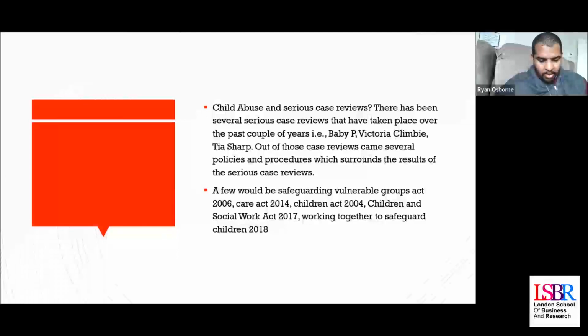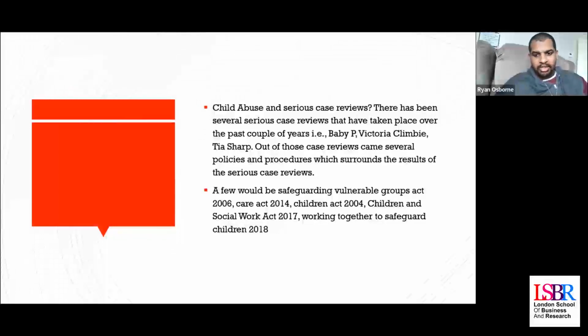The reason why is to make provision for the welfare of children as looked after children, and also to help regulate the social work industry too. Part of that act is they brought in Social Work England. So Social Work England was the main body regulating social workers in the industry itself.